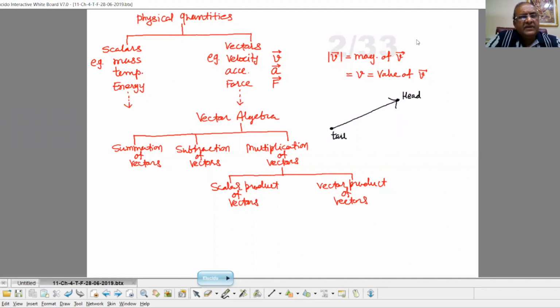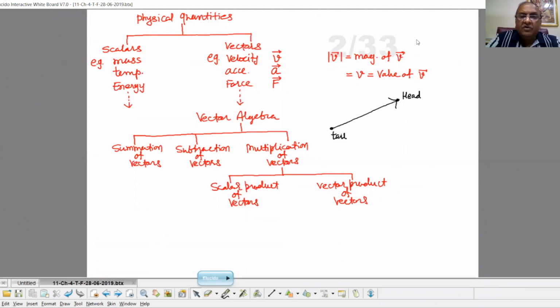Suppose mass of one particle is 1 kilogram, mass of another particle is 2 kilogram. If we combine these two particles, then the total mass of the system will be how much? 1 plus 2, that is equal to 3. That simple algebra we have to use for scalar physical quantities.